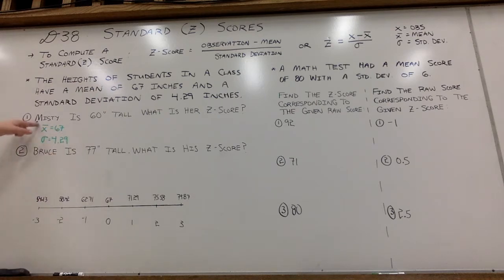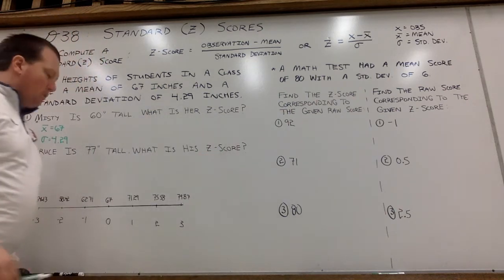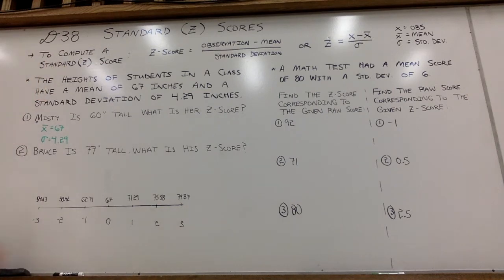I want to look at Misty here. She is 60 inches tall. We want to figure out what is her z-score. So if she had a z-score of 0, she would be average. She would be 67 inches tall. So here are my observations, and here are my z-scores.